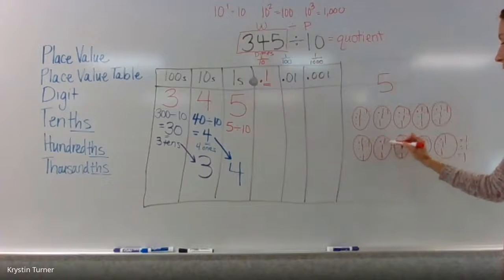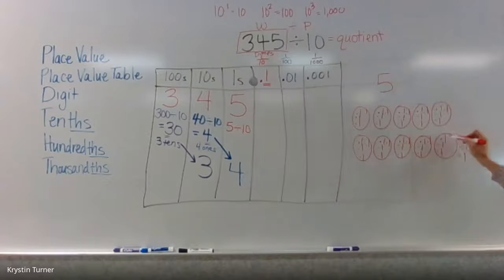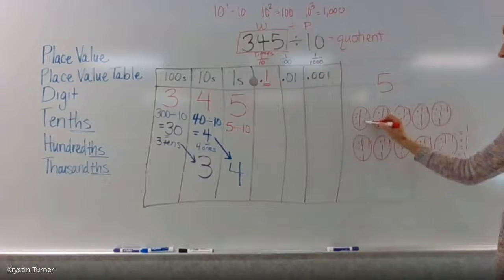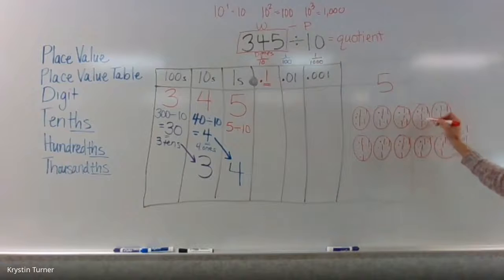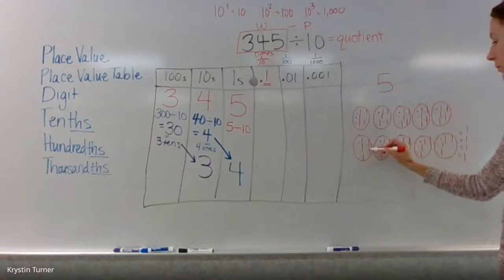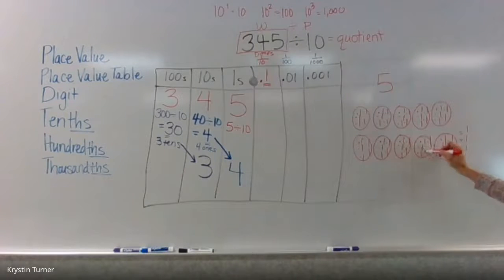And I'm trying to get to our whole 5. So this is a total of 4 so far. And so I'm going to put 1/10 into each group. That's 1, 2, 3, 4, 5 wholes total.